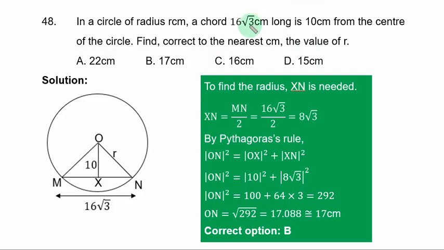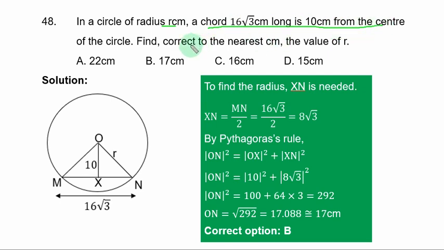Question 48. In a circle of radius R cm, a chord of 16√3 cm long is 10 centimeters from the center of the circle.